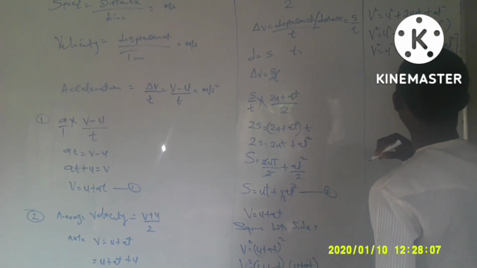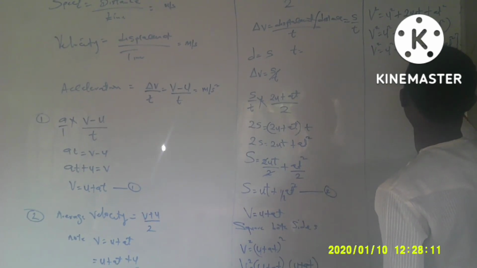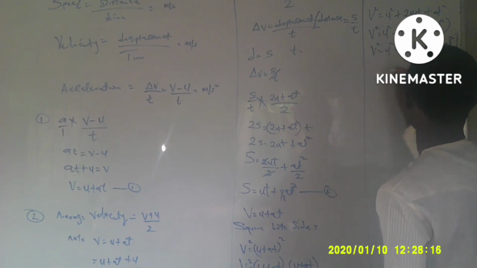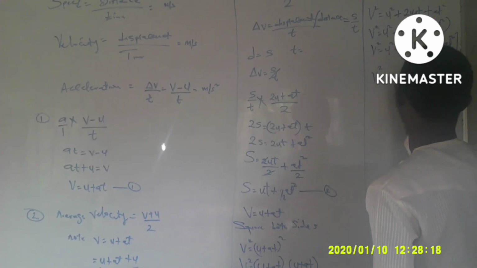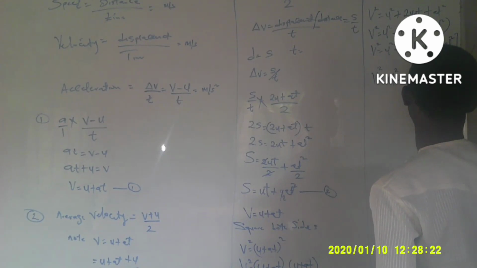Yes. So now what happens? By the time we factorize these out, these 2 will cancel these 2, a will cancel a, then we're going to have v squared is equal to u squared plus 2a into bracket ut plus 1 over 2 at squared.